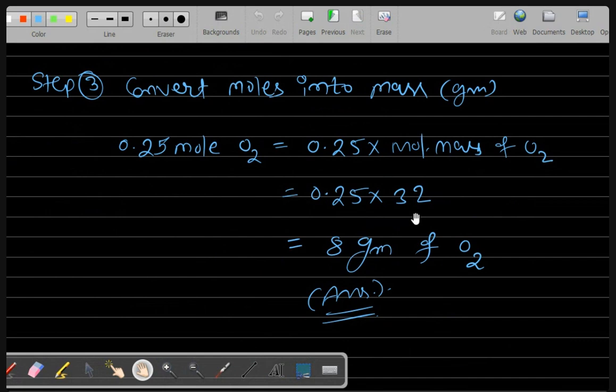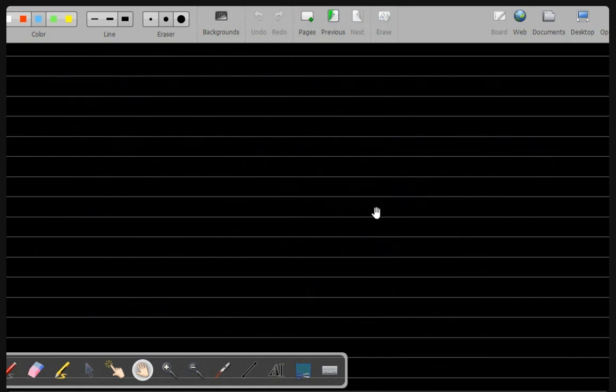So whenever we are finding a molecular mass, how do we find the molecular mass? Count the total mass of atoms. Can you give me an example question? I'll do it.